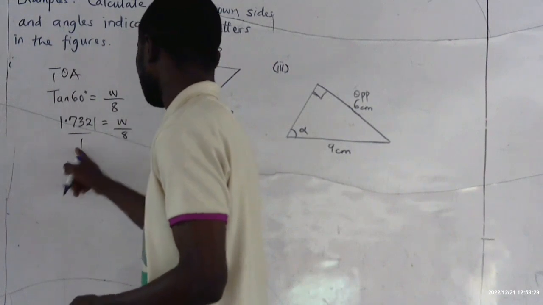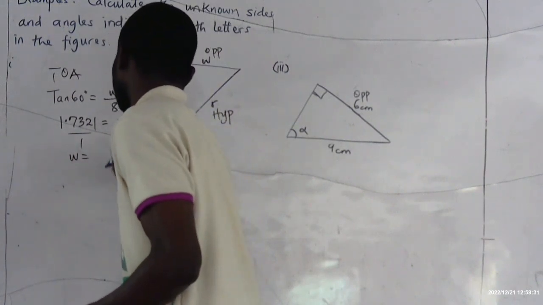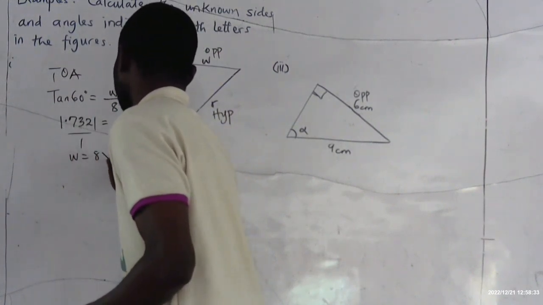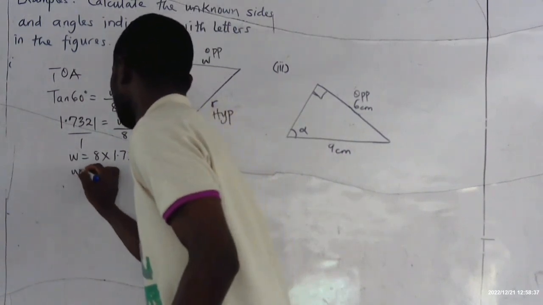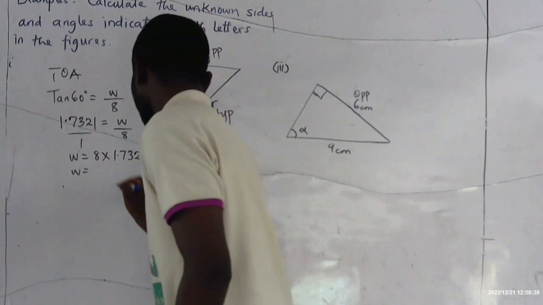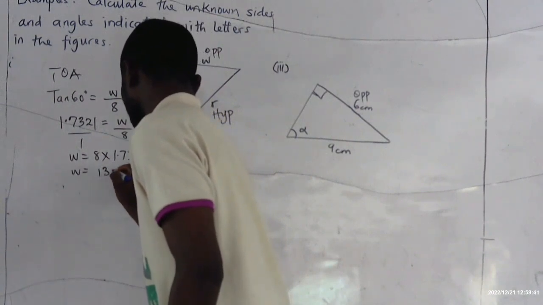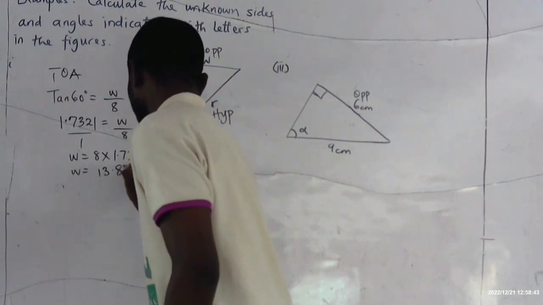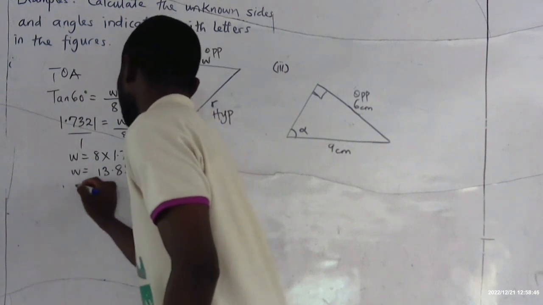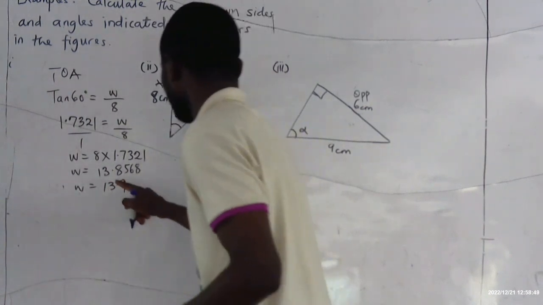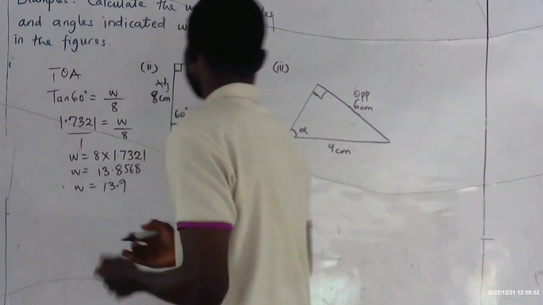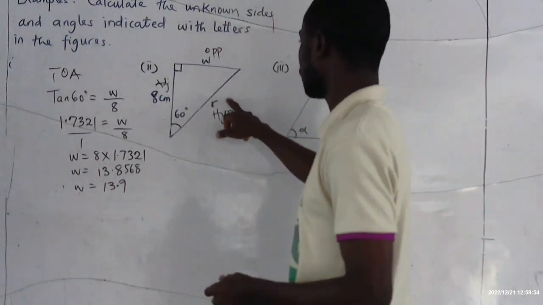W is equal to 8 times 1.7321. Then W equals 13.8568, and W equals 13.9. So that's that.